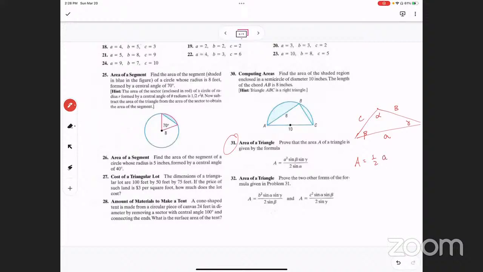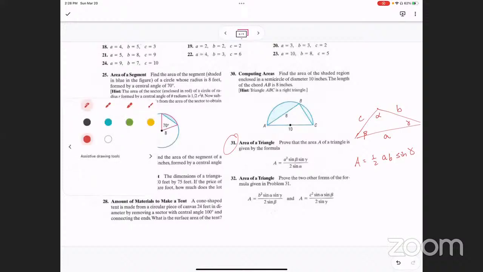Well, let's use A. 1/2 AB sine of C, which would be this one, right? I'll make it lowercase so it's a little bit more consistent. So we want to show that, what is B equal to?